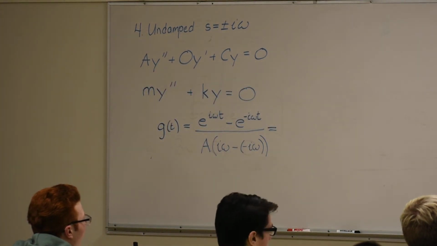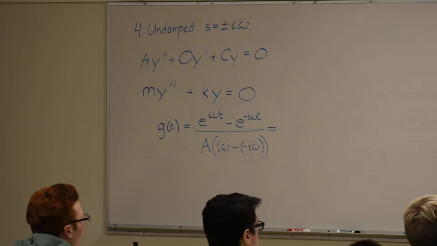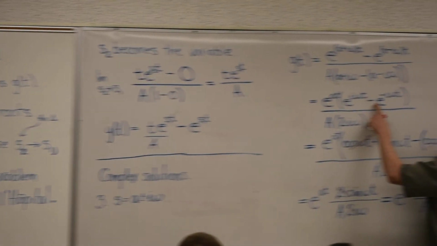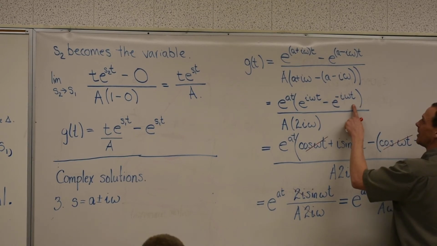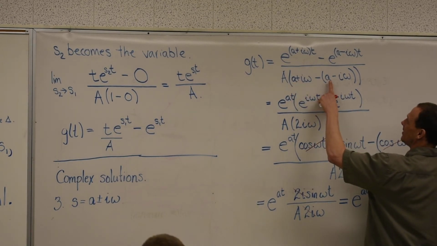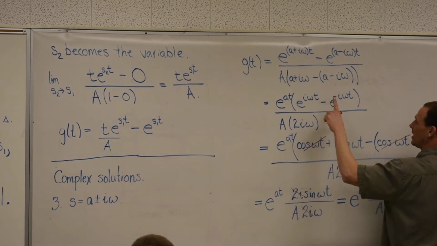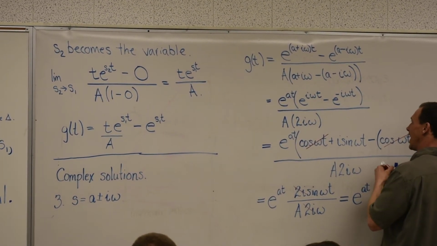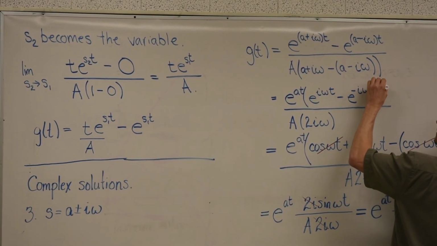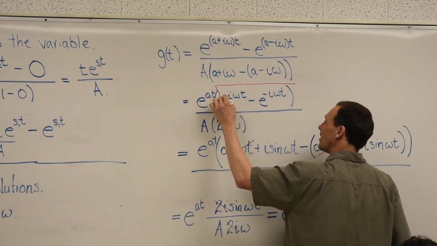You're like, whoa, wait a minute. It's this. e to the i omega t minus e to the minus i omega t. Notice here the a's cancel and we're left with i omega minus i omega. In other words, we're back to this.